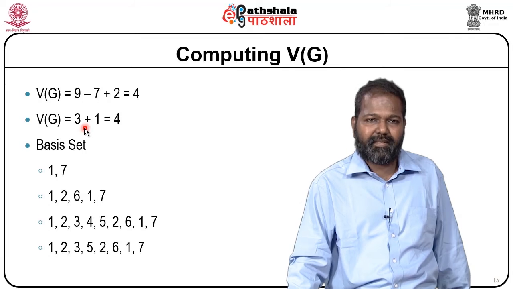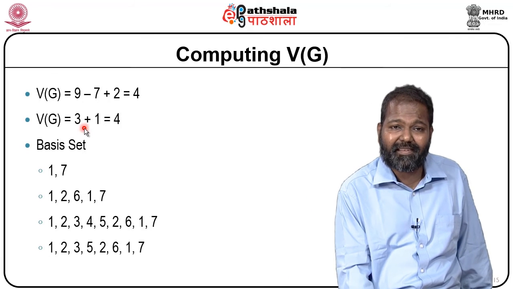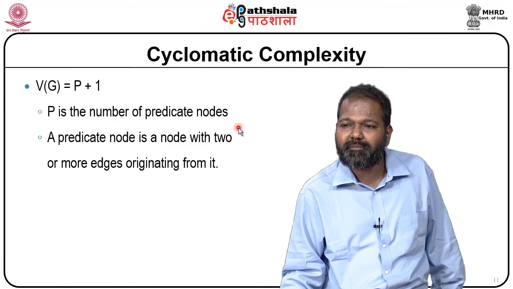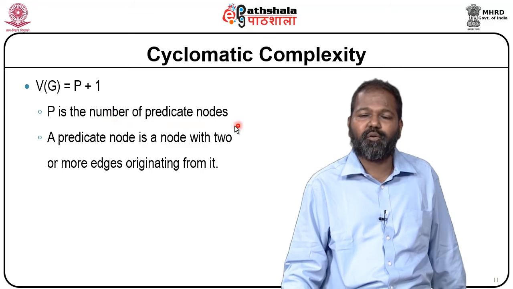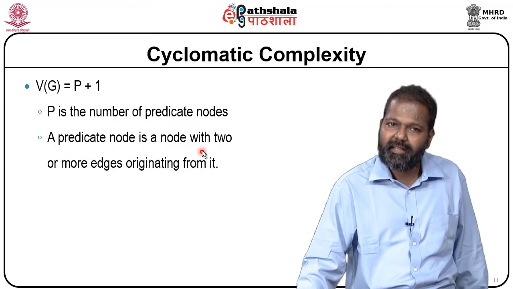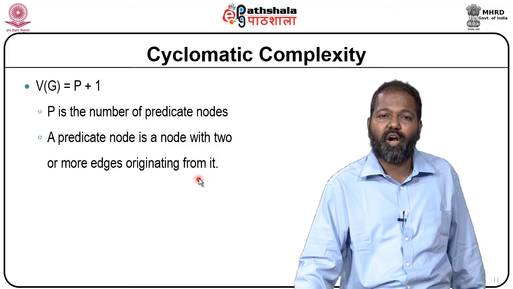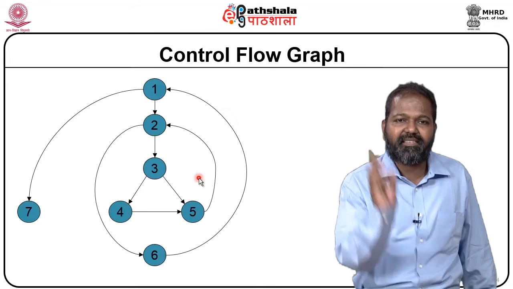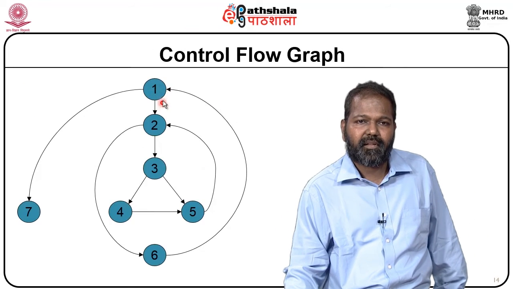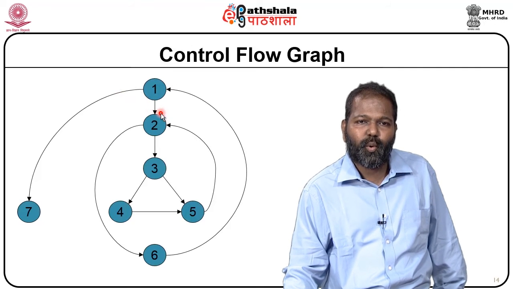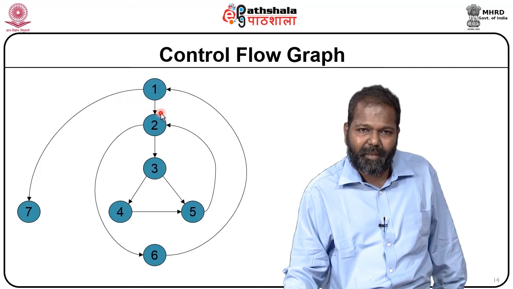The second method through which you can compute cyclomatic complexity is V of g equal to P plus 1, where P is the number of predicate nodes. What is a predicate node? A predicate node is a node with 2 or more edges originating from it. In this example, you can infer that 1 is a predicate node because you have 2 edges originating from it.